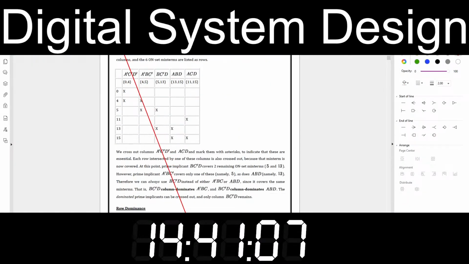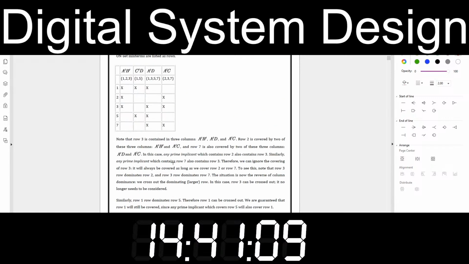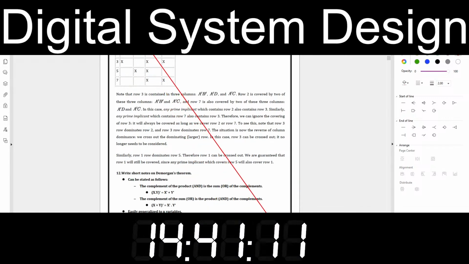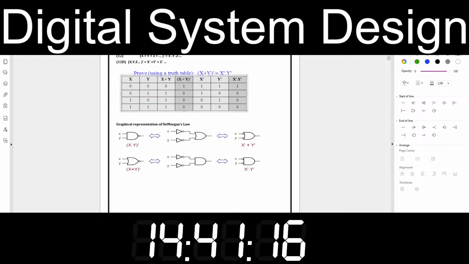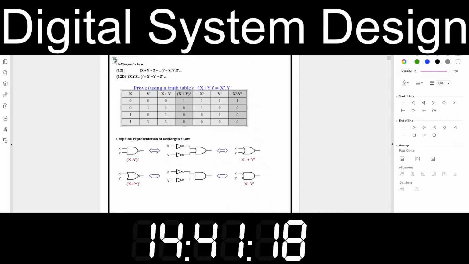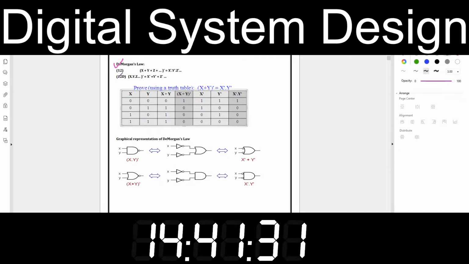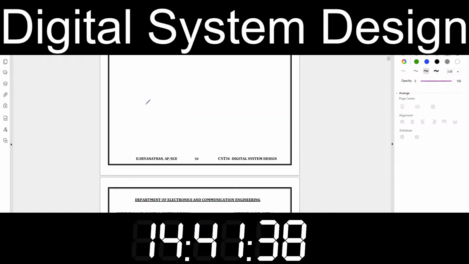In step number 4 we have to repeat the same procedure. We will compare group number 0 with group number 1 and group number 1 with group number 2, and we'll write down the matched pairs. But you will find that there is no matched pair after step number 3, and thus we don't need to put a tick mark in front of these matched pairs, and we will write the values for them. B complement, C complement, A is eliminated, D is eliminated, so B complement C complement.